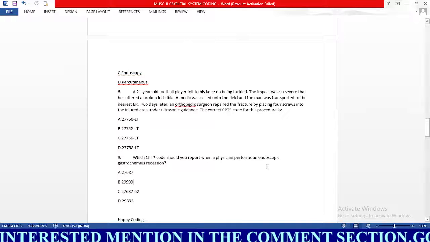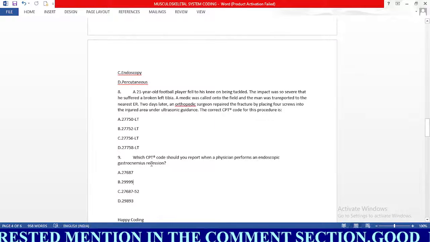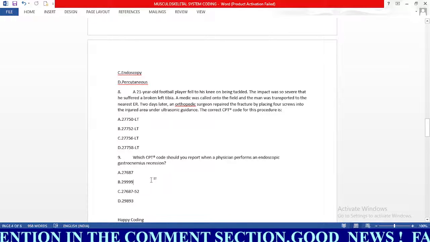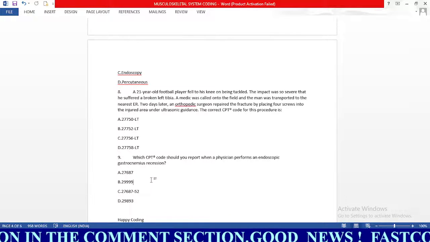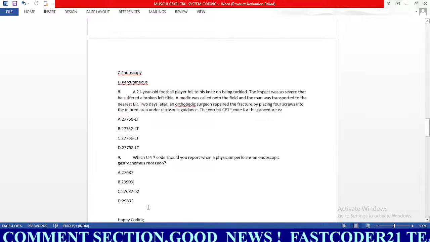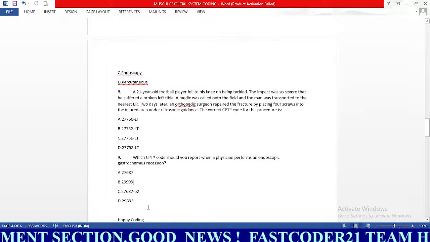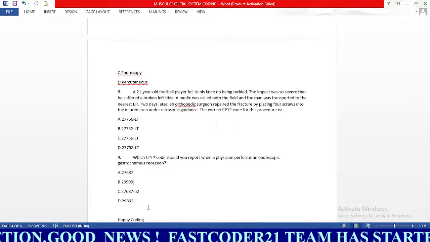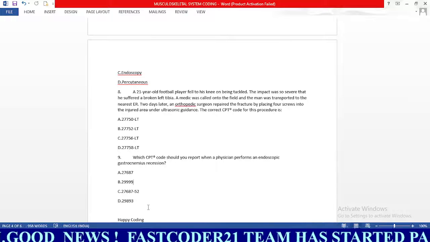So basically it is an endoscopic procedure. So that's why 27687 is the open procedure. So we can't code an open procedure for an endoscopic procedure. So D is 29893, which is a different scenario. So that is for endoscopic plantar fasciotomy. That is a different procedure.